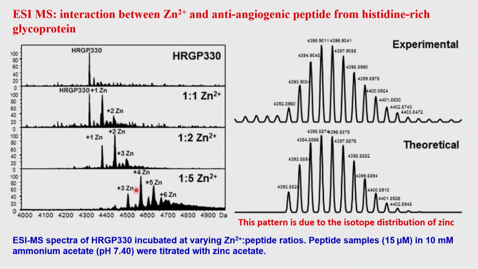One is from the position of this, and the other is from the spacing of these ones and the pattern of this. The pattern will change here because the number of zincs are changing and their spacing will also change. So one example is shown here for the experimental and theoretical, how you can make that one. Same thing which I have been explaining for quite some time in this class and a little bit in the previous class as well.